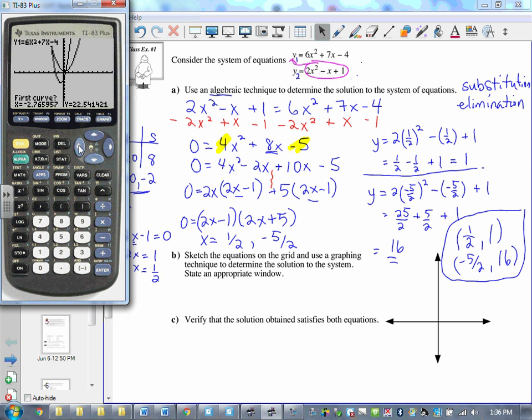We can do this first one. Enter, enter, enter. Negative 2.5 and 16. Look at that. That's what we got, right? Nice. We can do our second one. Enter, enter, enter. 0.5, which is the same as 1/2, and 1. Boom. Look at us go.